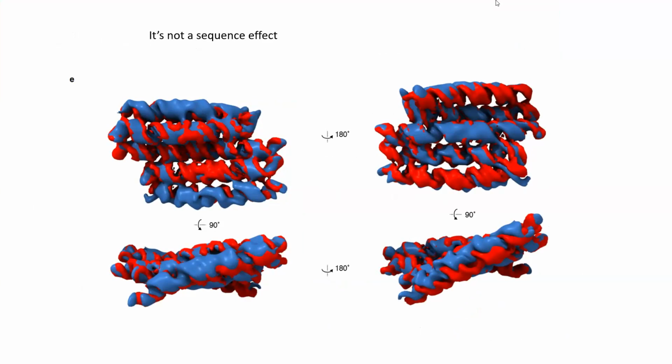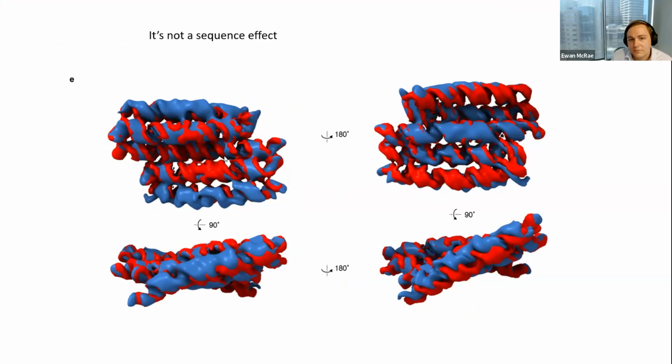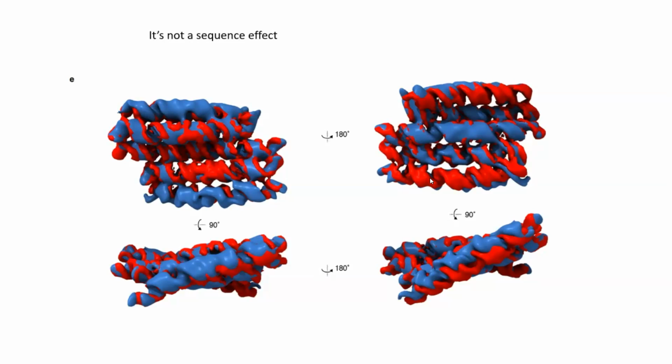Sorry, I didn't mean the sequence of the kissing loop. I meant the rest of the RNA, the surrounding stuff. If the helix where the kissing loop is embedded is interacting with the neighbor helix in some way, could that interaction end up altering the structure of the kissing loop?